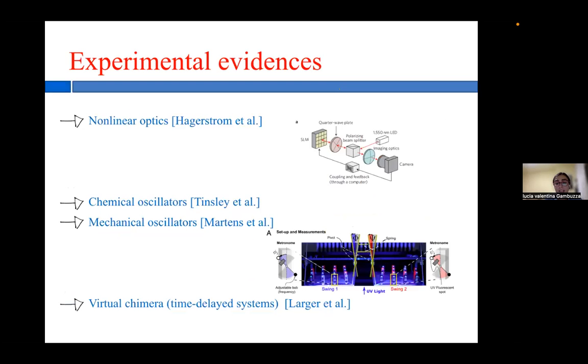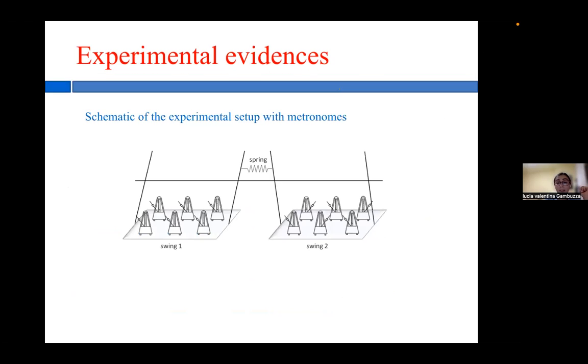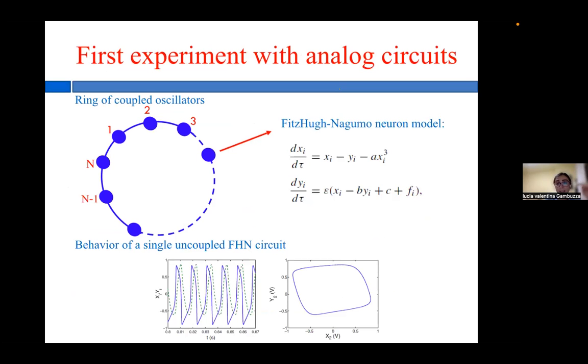This is just a counterintuitive example to see a chimera state, because I want to briefly show you the experiment made in our laboratory.